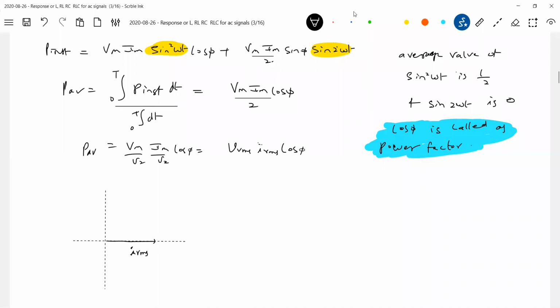And what about Vrms? There is a phase angle of the circuit. As I said, the applied voltage and current are vectors, no? So let me resolve the component of Irms along Vrms. Then what is the average power? Vrms into Irms cos phi. So if I resolve, Irms has two components. One component along Vrms. How much is it? Irms cos phi. There is another component.